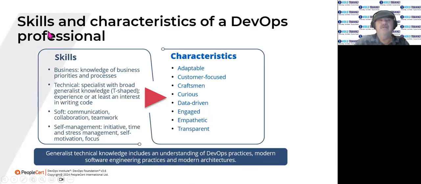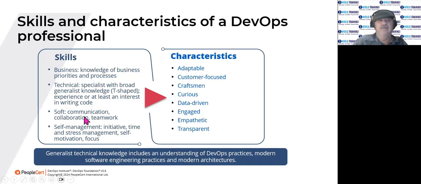Okay, so these are just some of the skills and characteristics of a DevOps professional. It's certainly not an exhaustive list. DevOps professionals tend to have a broad range of skills as well as a wide understanding of the broader organization. So the different skills are things like business knowledge of business priorities and processes, being a technical specialist with also broad general knowledge, what they call the T-shaped person with deep skills as well as broad skills, and at least one area of deep interest.